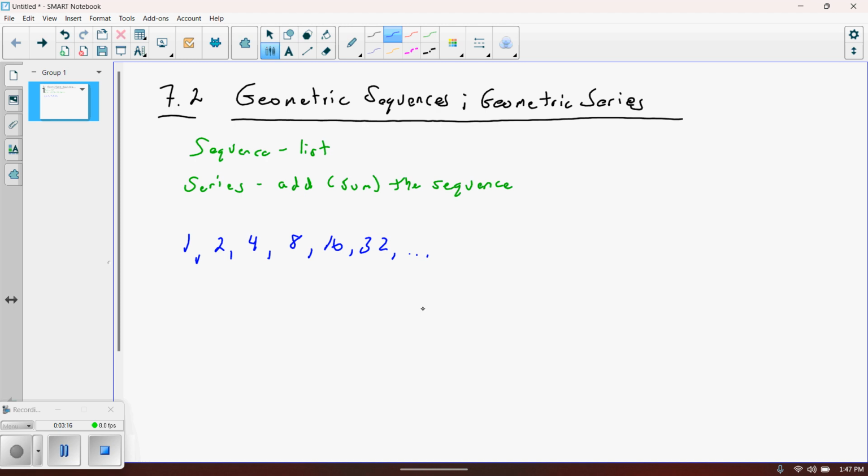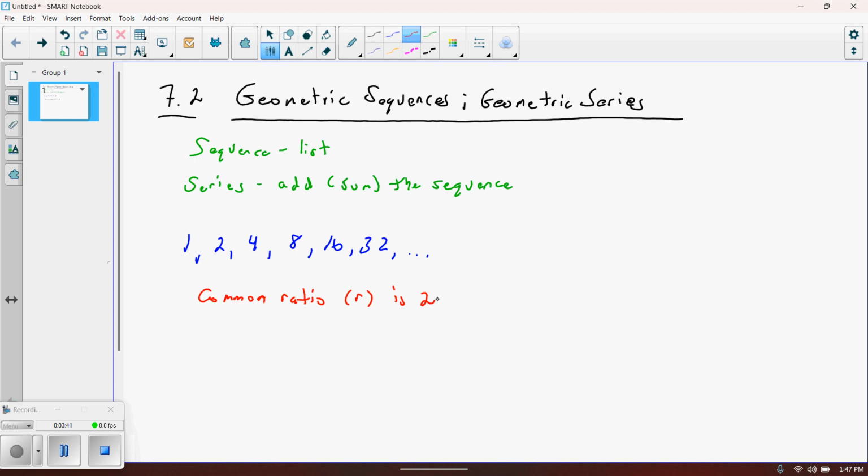The number that we are multiplying by is called the common ratio, which we call lowercase r, and in this case it is 2.